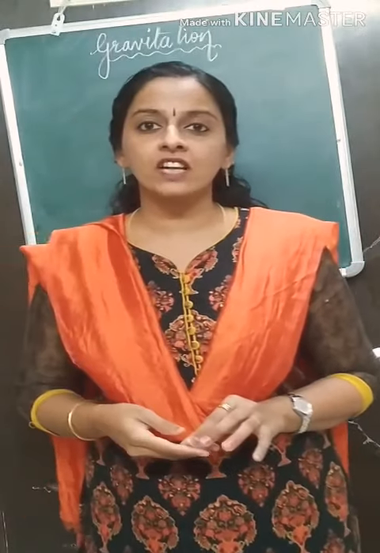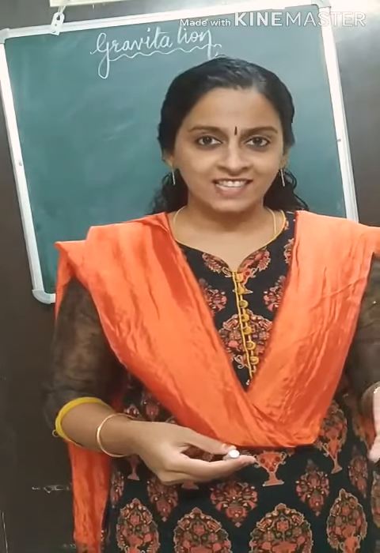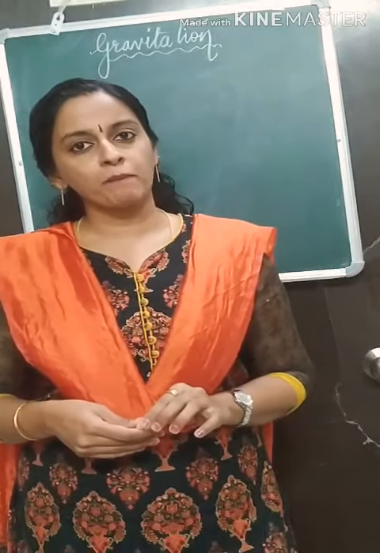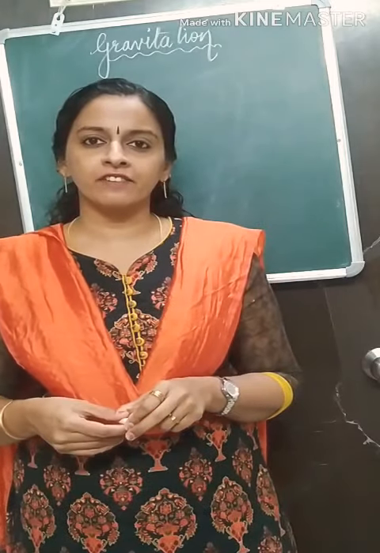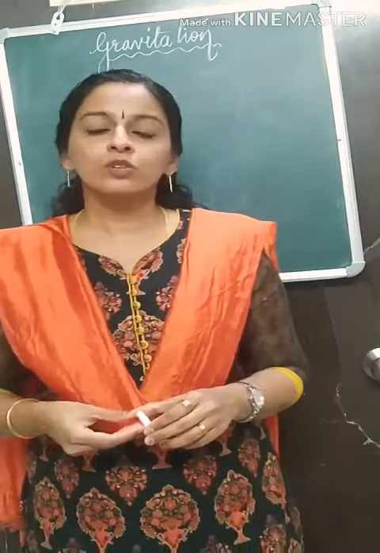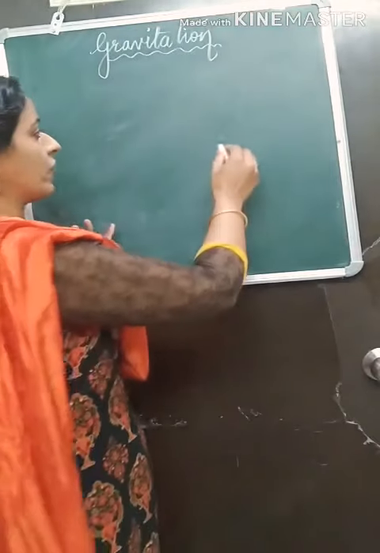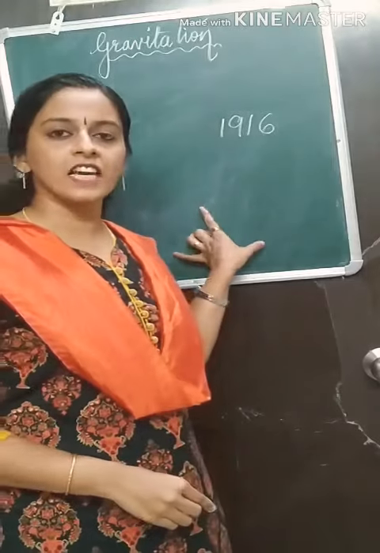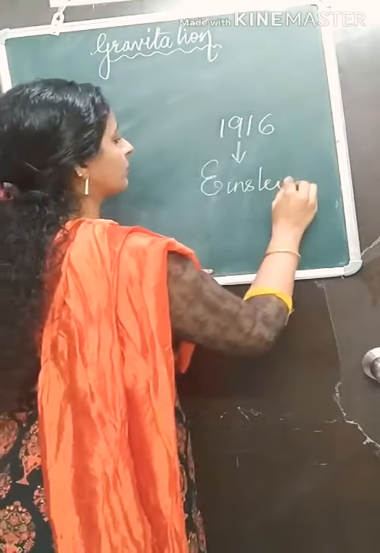Now these gravitational waves were first given by Albert Einstein, not Newton. Albert Einstein in his theory of relativity, which was published in the year 1915. In the equations which he gave, he also mentioned gravitational waves. So we got gravitational waves from Sir Albert Einstein.